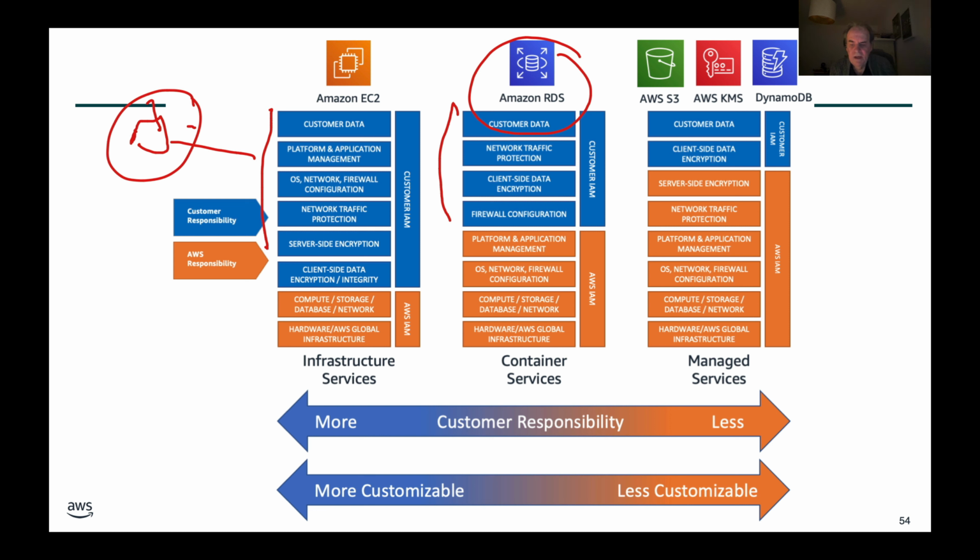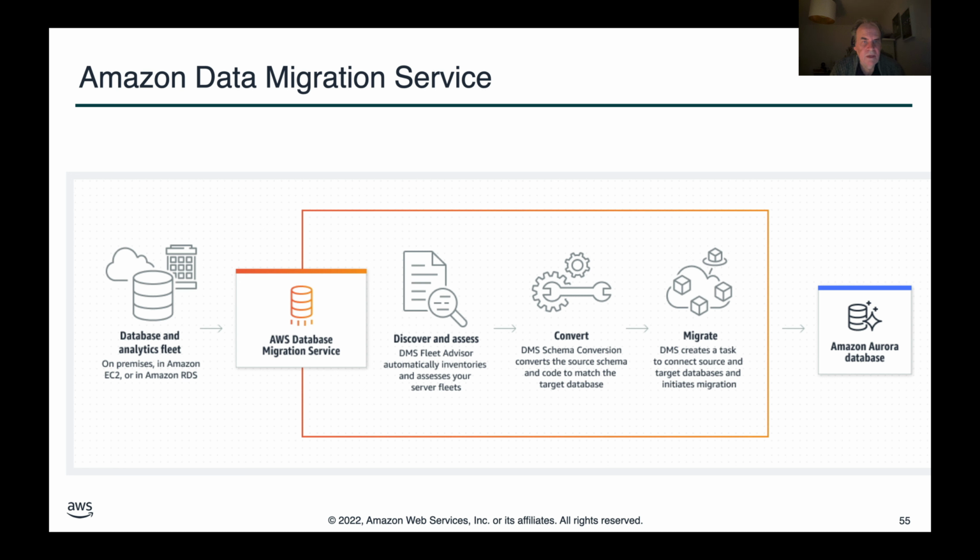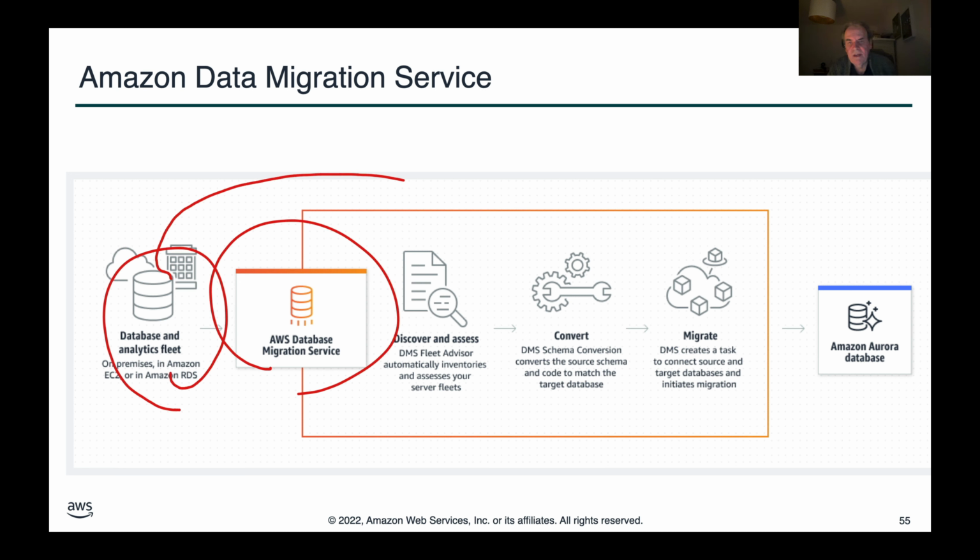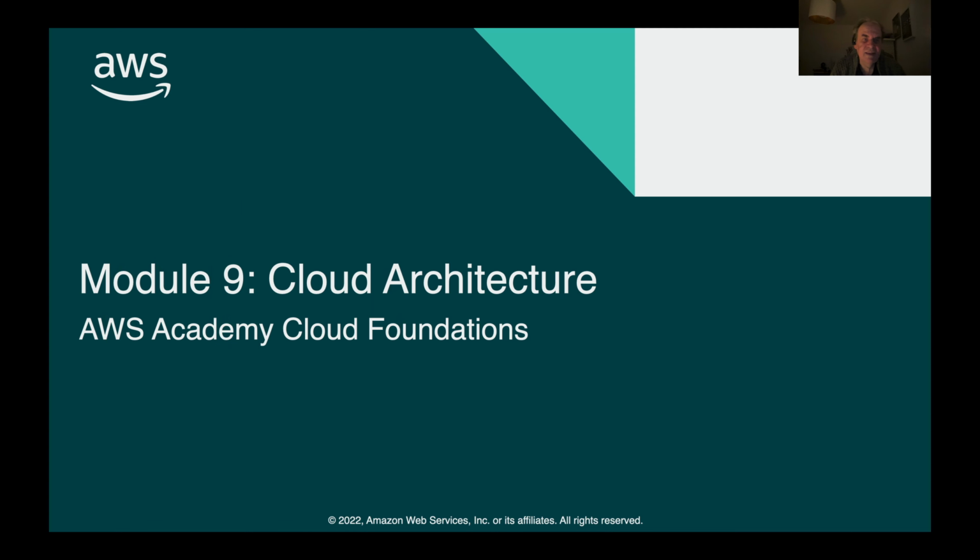But if we use DynamoDB, we can see that AWS has the most responsibility here, and we just have the customer data and the client-side encryption to deal with. Okay, we can migrate from on-premise into the cloud using our migration service if we need to discover our data, convert it, and then migrate it.